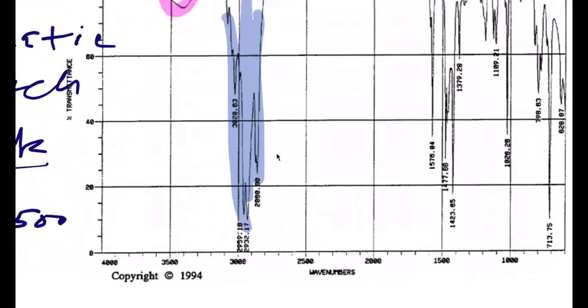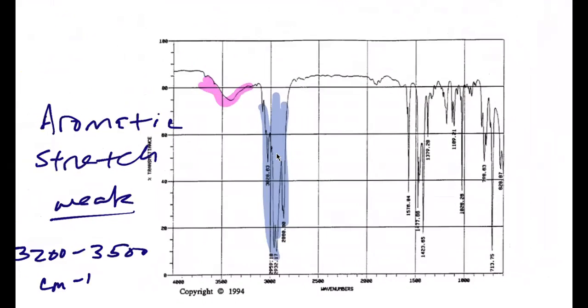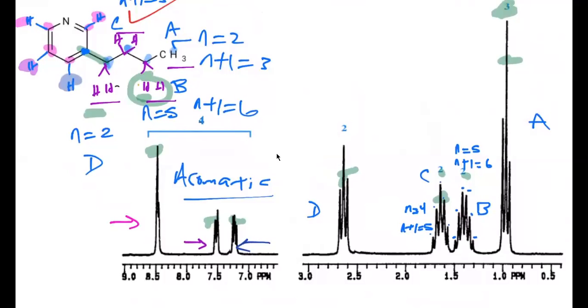It starts at 2880, ends about 3000. It's jagged, it's ugly looking. What do you think? Is it that halide? There's no halogens on the structure, but there's a big carbon chain, right? That's alkyl stretching.